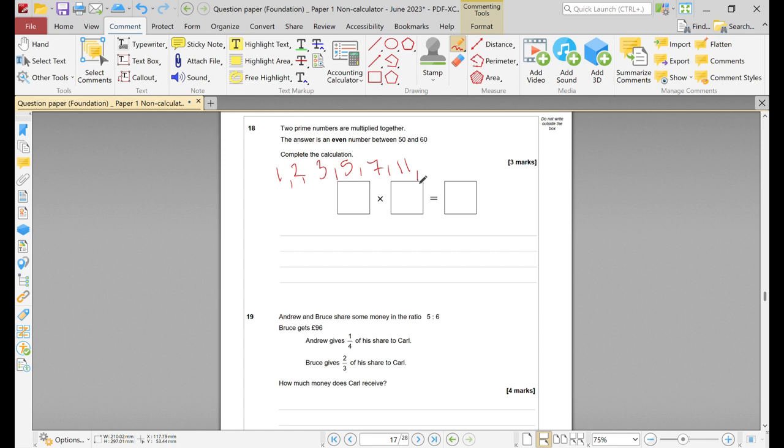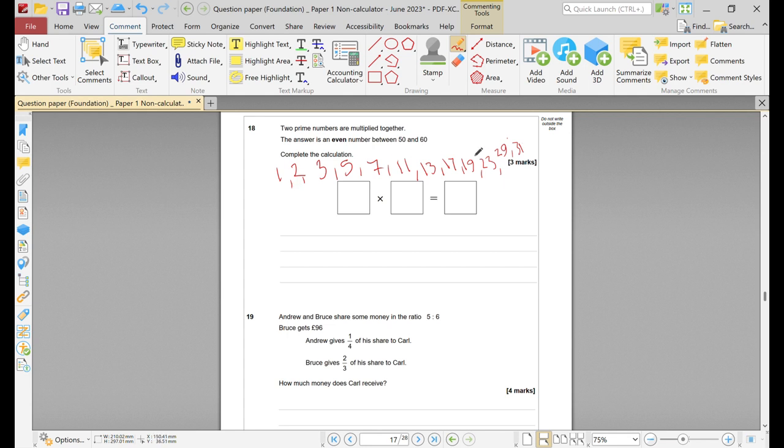Let's keep going with the prime numbers actually. That's 13, 17, 19, 23, 29, 31. And now let's try and multiply some of these together and see which one is even. 2 times something, 3 times something.